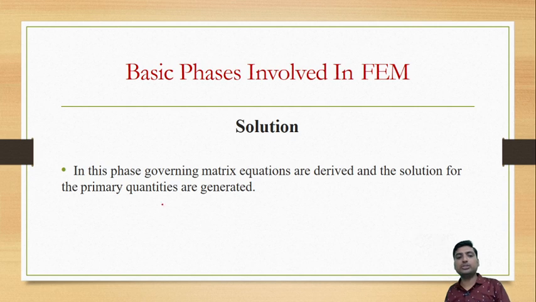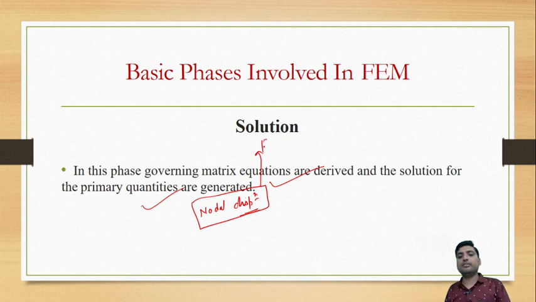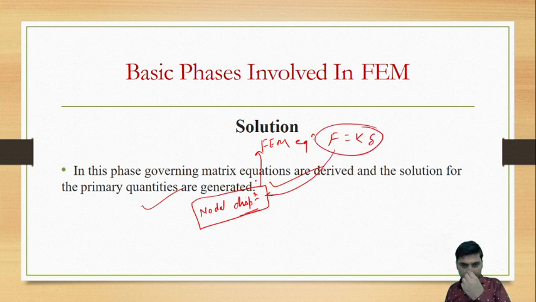Then going to solution, in this phase we use that equation, F is equal to K delta, and we find the primary quantities like nodal displacement. Starting from using the FEM equation up to finding nodal displacement comes under solution.